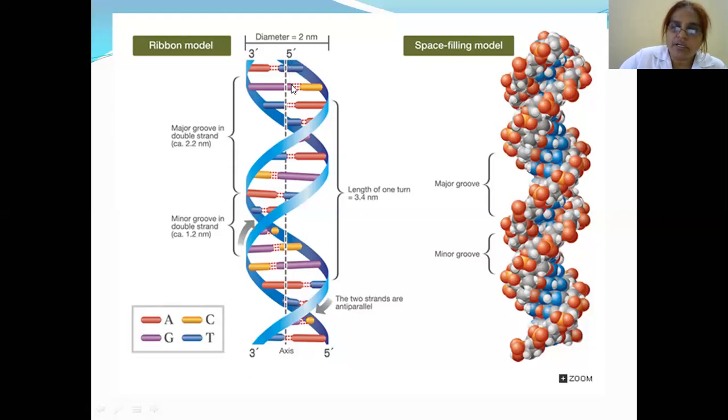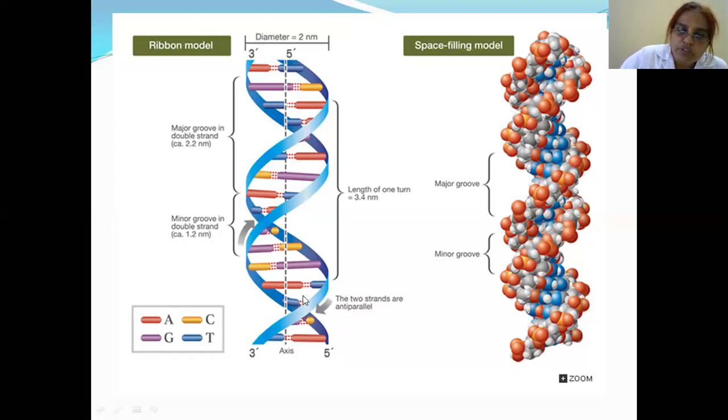DNA shows two grooves, the major groove and the minor groove. At the major groove, proteins attach; here the proteins are histone proteins. At the minor groove, enzymes attach without disturbing the helix. The length of each turn of the helix is 3.4 nanometers. The width of the two strands is 2 nanometers.